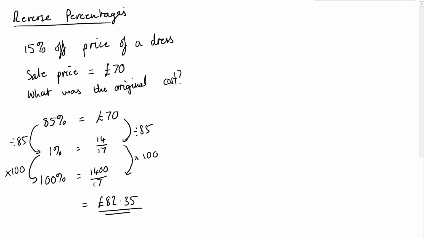And with that, we're able to calculate any original price. In this case, we've gone from 85% to 100%. We could have just as easily gone from maybe 70% to 100% by just dividing by 70 to get 1%, and then times by 100 to get 100%.